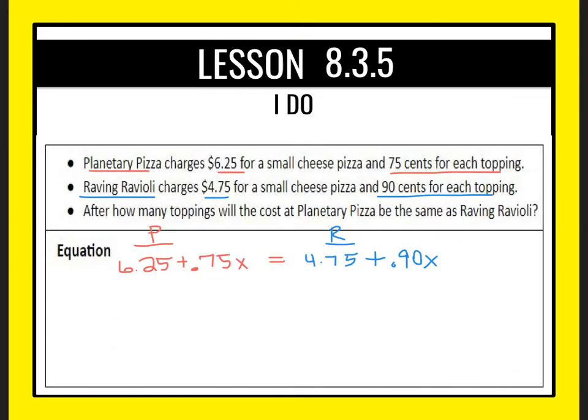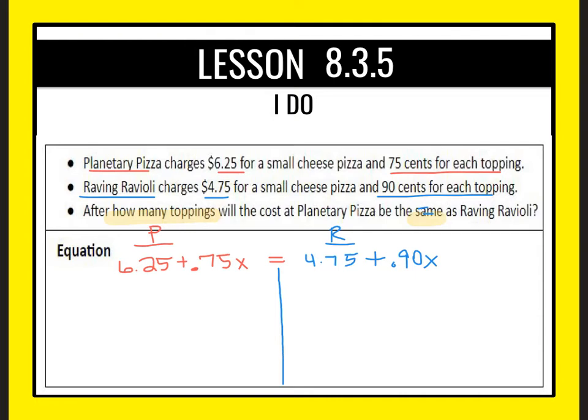Now let's focus on the equation. So you have this in your notes. All I did was set this up because I'm being asked after how many toppings will the cost at Planetary be the same, again, be the same, there's my equal, as Raving Ravioli. So to solve this using numbers, let's solve it.